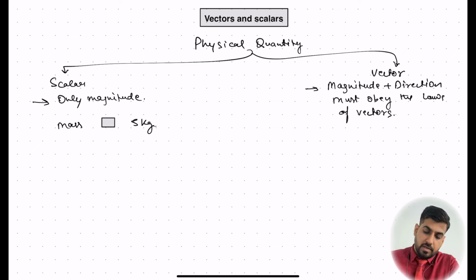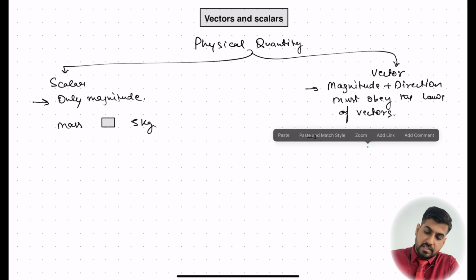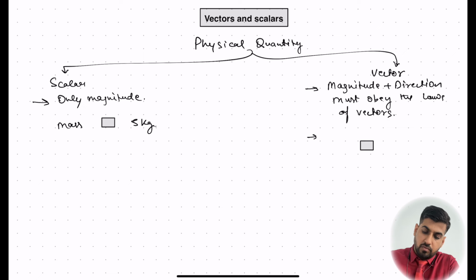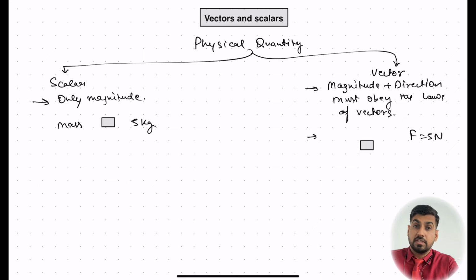Now, for example, if I say a force on the same object of mass m, and this object is experiencing a force of 5 Newton. Where is this 5 Newton acting?